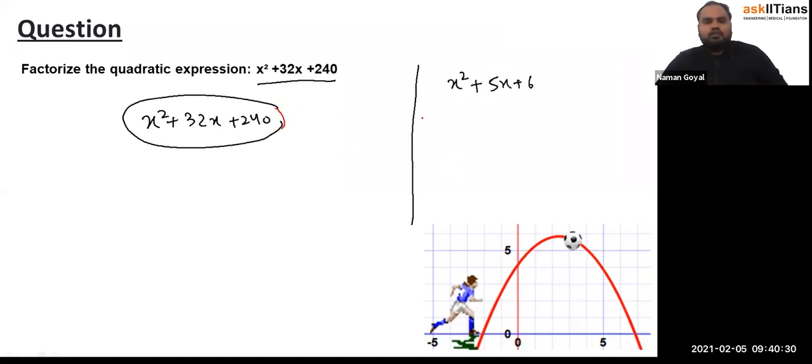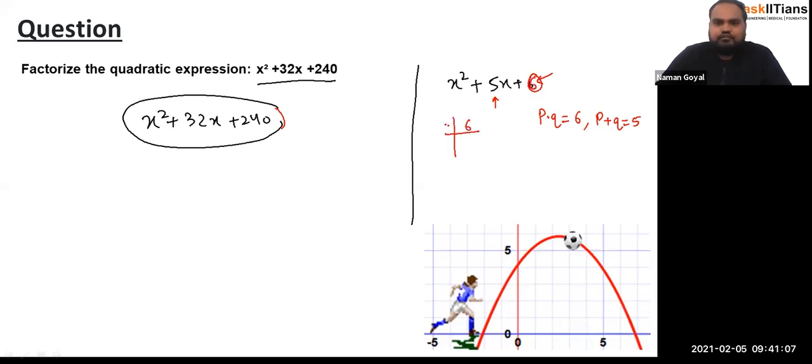Now see, as I told you, if a quadratic expression is in the form of x square plus bx plus c, we need two numbers whose product is c and whose sum is b. So we need two numbers whose product is 6 and sum is 5. The best method is to prime factorize the number.